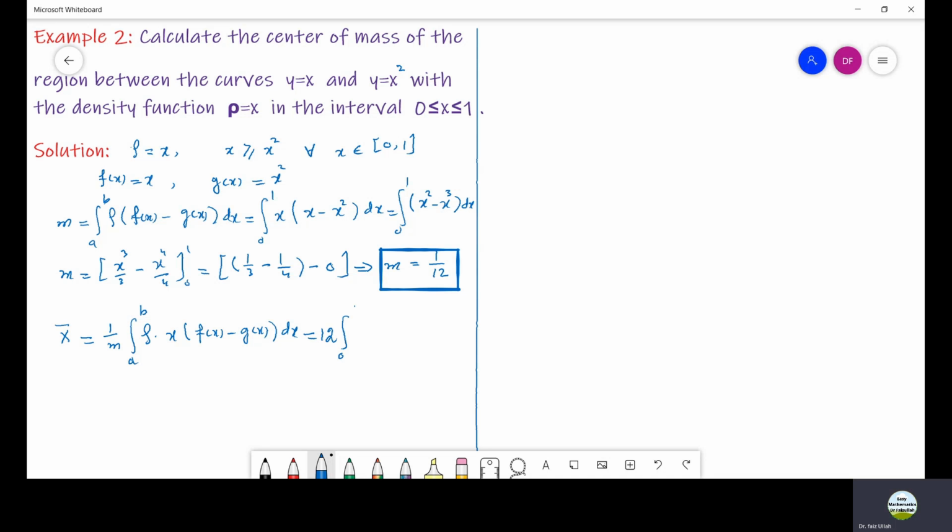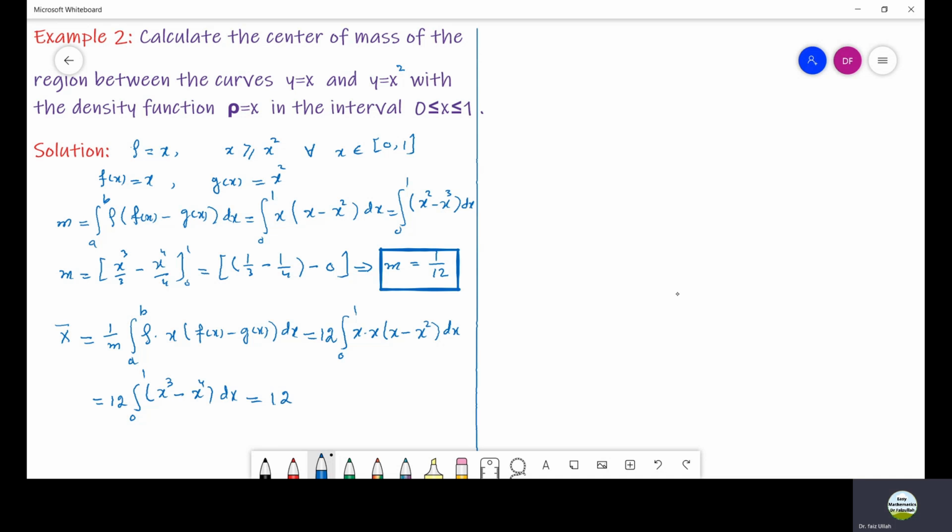Limits are from 0 to 1. Rho is x, and here we have another x. f of x is equal to x, and g of x is x square. So let us simplify this. We have 12, integration from 0 to 1. x into x is x square. Let us multiply by x square: x square into x is x cube, minus x square into x square is x4, into dx.